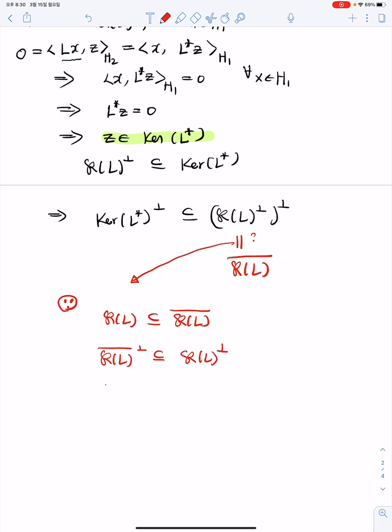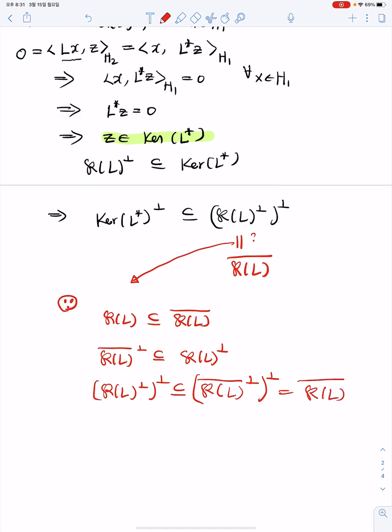And then the range of L orthogonal orthogonal is a subspace of the closure of the range of L, orthogonal orthogonal. Here, when this is closed, this is the closure of the range of L. This is the same.